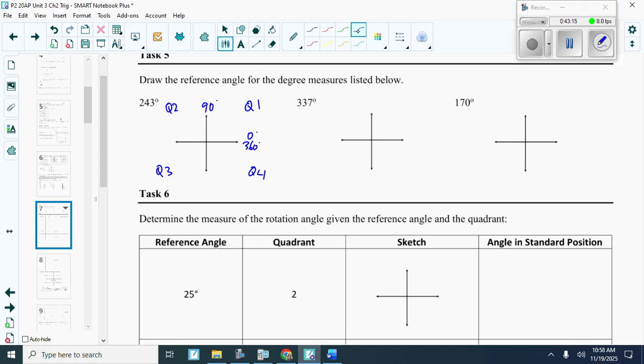And then label all your major angles. Just in case you see the word quadrantal, I have to practice saying it. Quadrantal angles, that's your 0, 90, 180, 270. Those are your quadrantal angles.